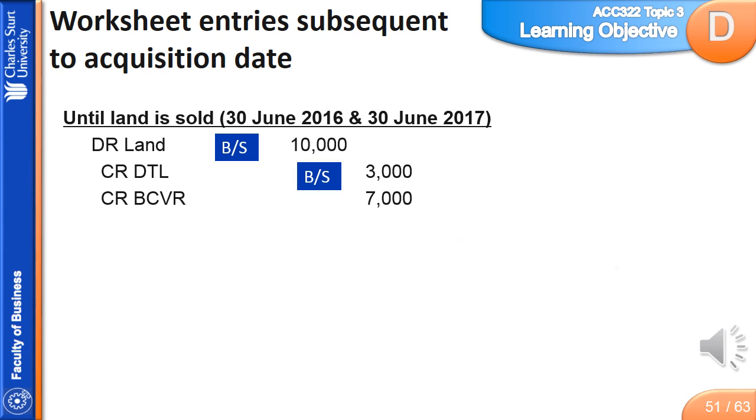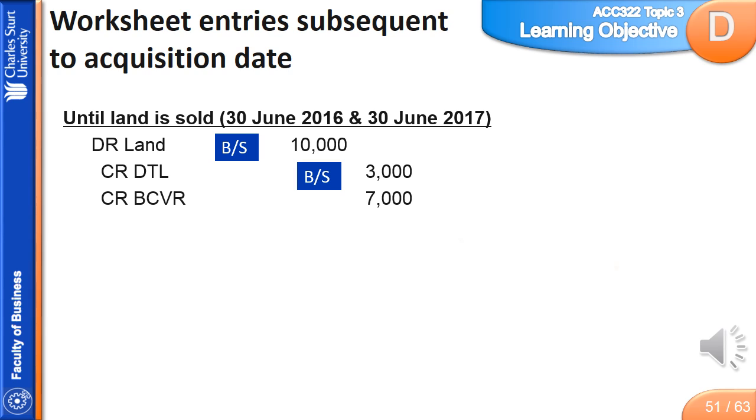Just before we talk about this sale of land in the year ended 30th of June 2018, up until that date, so 30th of June 2016 and the next reporting period 30th of June 2017, we'd keep recording the same consolidation journal entry, which is a debit to land $10,000, credit to DTL $3,000 and credit to BCVR $7,000.